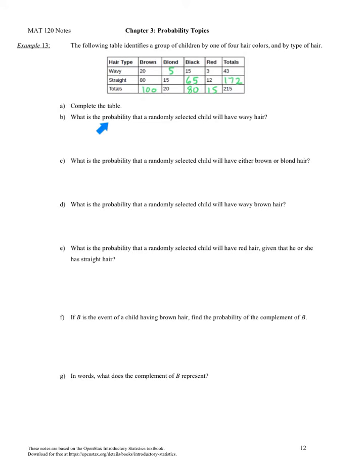What's the probability that a child will have wavy hair? And that'll be 43 out of a total of 215. For letter C, what's the probability that the child will have brown or blonde hair?